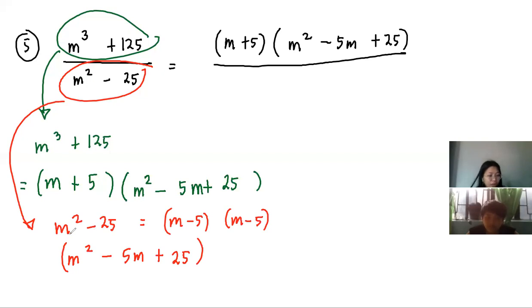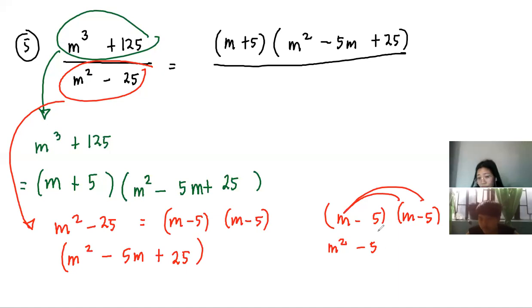Yun ang ibig sabihin nito. So, what are we going to do? M square, m, para ma-check mo kung tama siya ha, m minus 5 and m minus 5. M squared, the FOIL method, negative 5m, negative 5m, positive 25. Is that correct? This is not correct. So, m squared minus 25, what could be the answer?